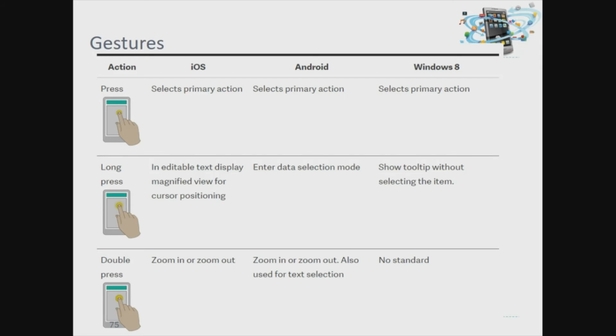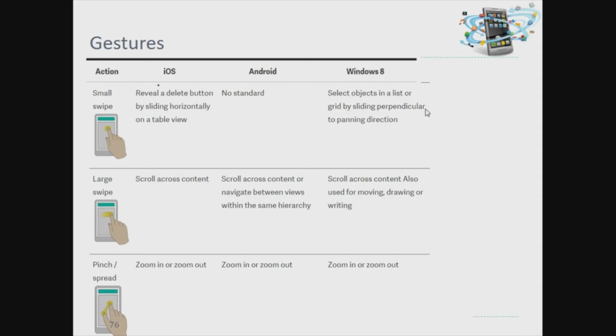And we use the double press for zoom in and zoom out. Okay, this one is based on a different phone. For Windows Phone, there is no standard. You should know your OS when you develop your mobile application.